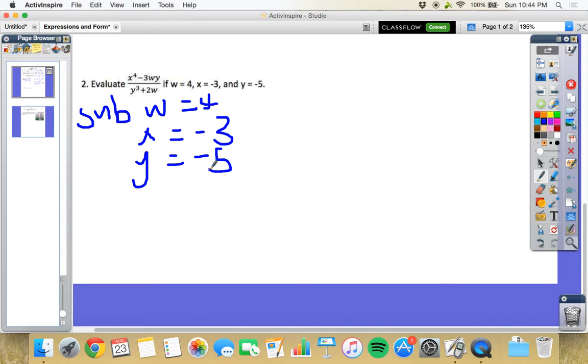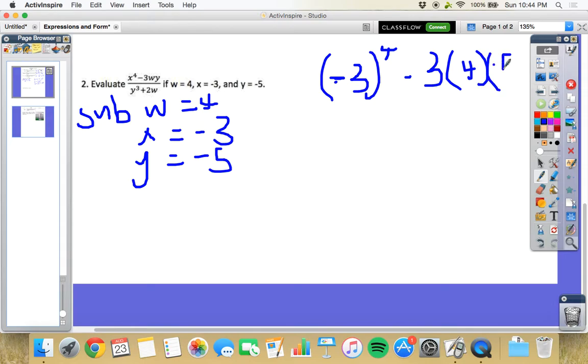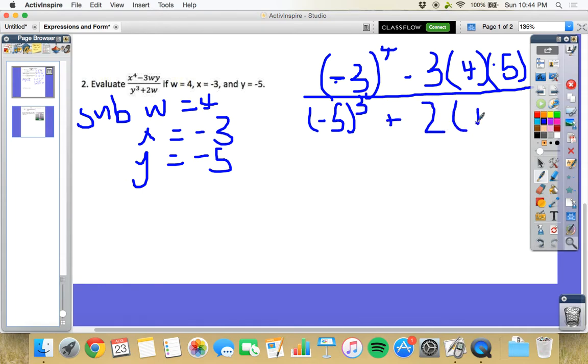In the numerator, I'm going to write negative 3, that's to the 4th power, minus 3 times 4 times negative 5. This is all divided by y to the third power, so that's negative 5 to the third power, plus 2w, and w is 4.